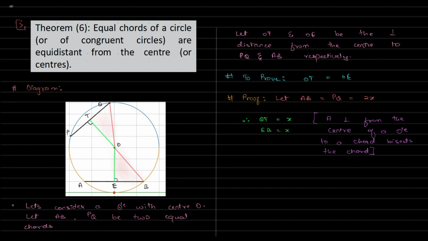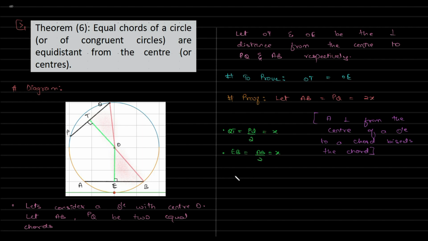So basically QT is equal to half of PQ, which is 2x by 2, equal to x, and EB is equal to half of AB, so that will also be equal to x. So that's your reasoning.